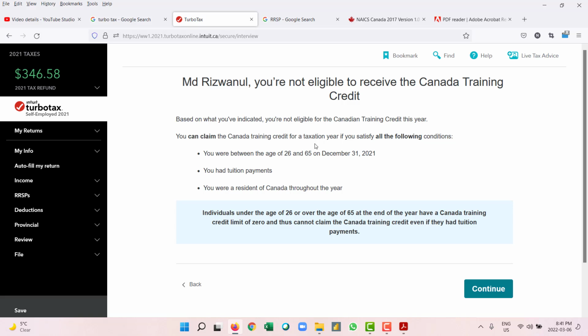You can read what is written. Based on what you have indicated, you are not eligible for the Canada training credit this year. You can claim the training credit for a taxation year if you satisfy all the following conditions. You had tuition payment.